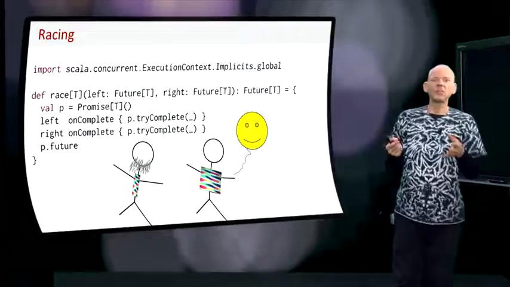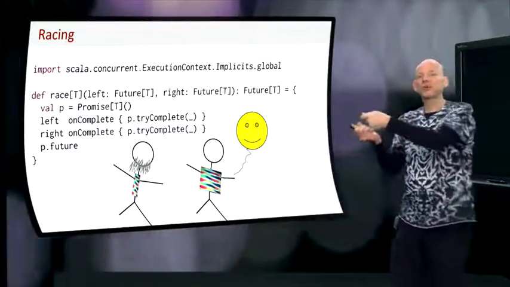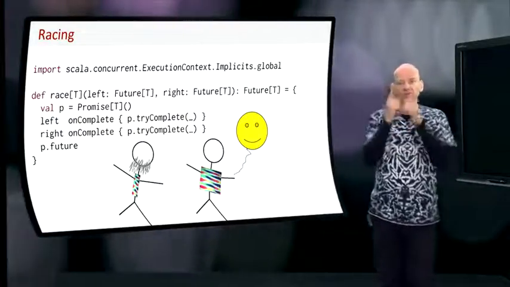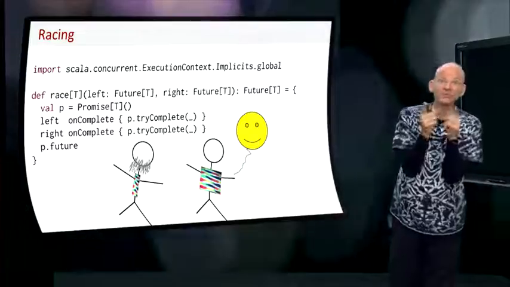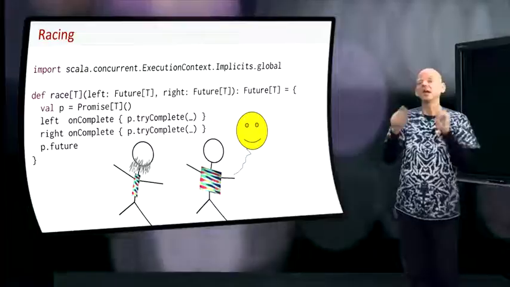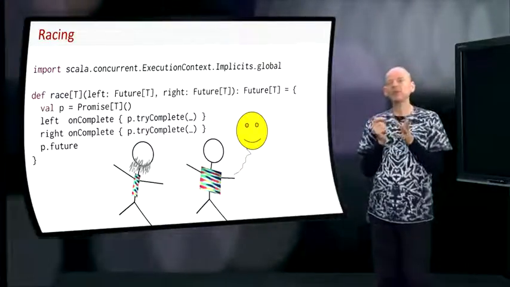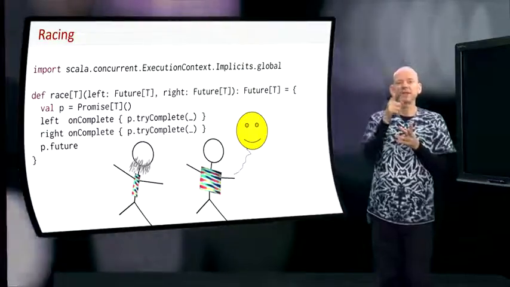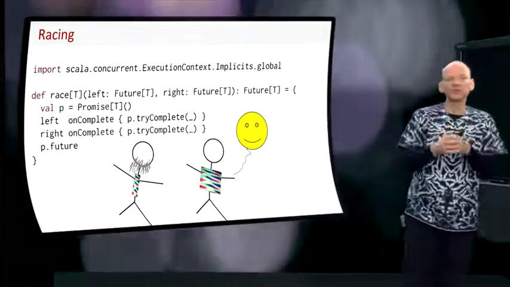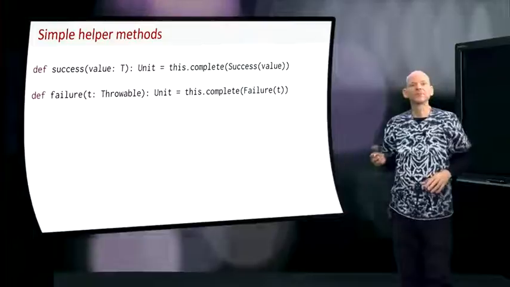We register a callback with both futures that try to complete the promise, and then we return the promise. And notice that we use tryComplete because we're trying to complete that same future twice, and it's a single assignment mutable variable. So if you would use complete here, one of those two would throw. So that's why we use tryComplete here.